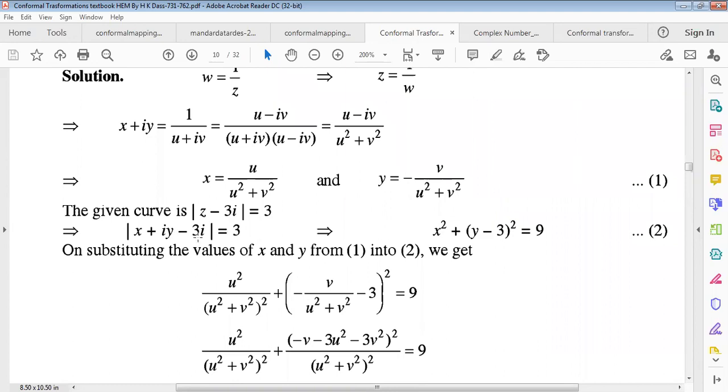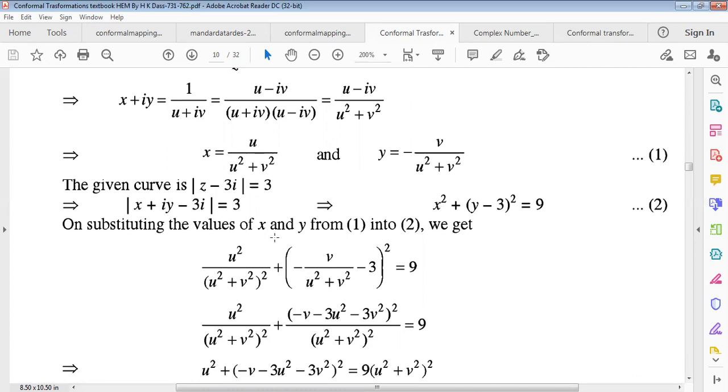And this is the absolute value, so the argument will be X square plus (Y minus 3) whole square equals 3 square, equal to 9. This is the circle in Cartesian form, and the earlier one is the circle in complex form or Z plane. Remember it.